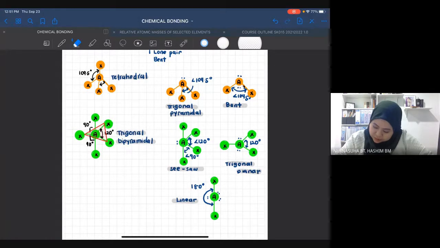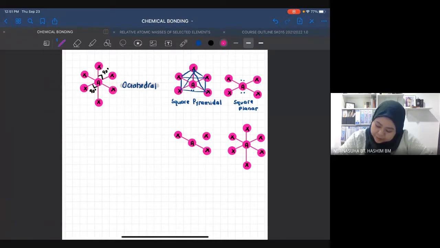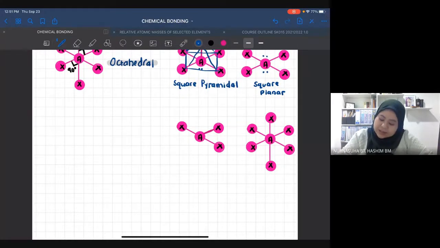Sekejap. Okay, kalau Madam ada 3 lone pair, sorry. Okay, bentuk dia sekarang adalah T shape.